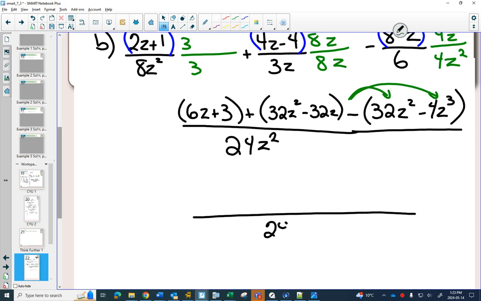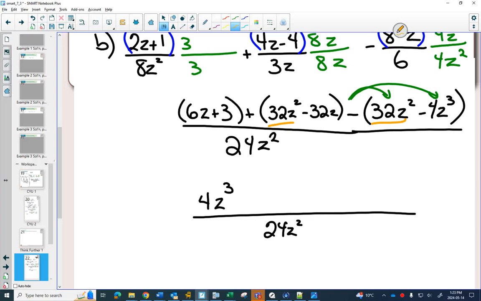Common denominator, we still have 24z squared on the bottom. Okay? Usually when you write the final answer, you would start with your highest power. So when I distribute this negative, do you see that you will get a positive 4z cubed with that negative distributed. Now with my z squareds, which I'm going to underline, there's a z squared there and a z squared there. Do you see that they're going to go away? 32z squared minus 32z squared, that's going to go away completely.